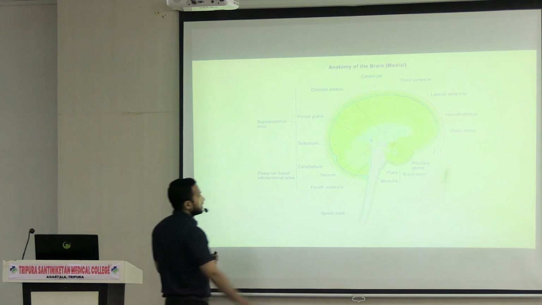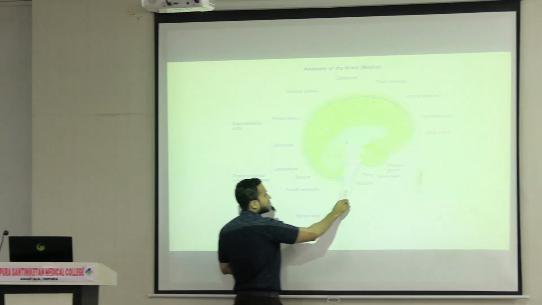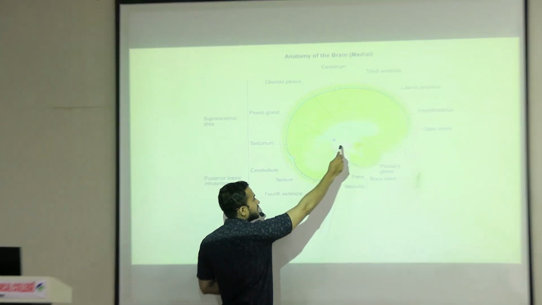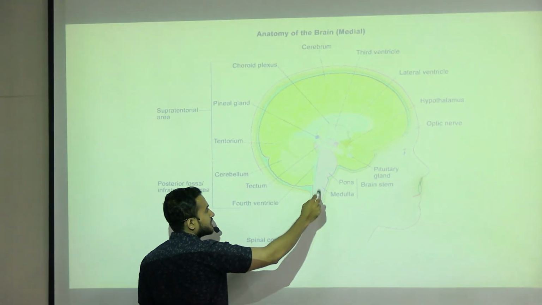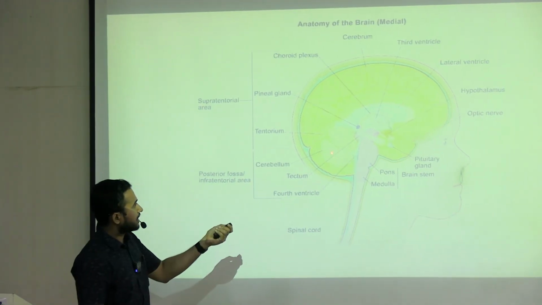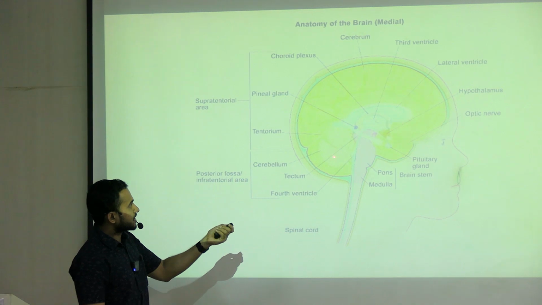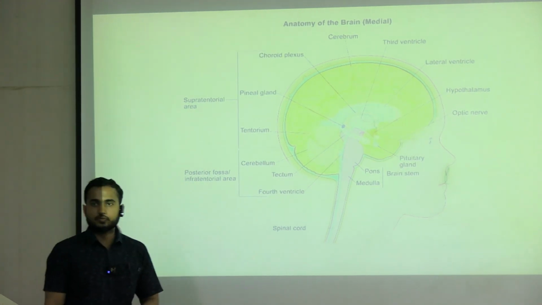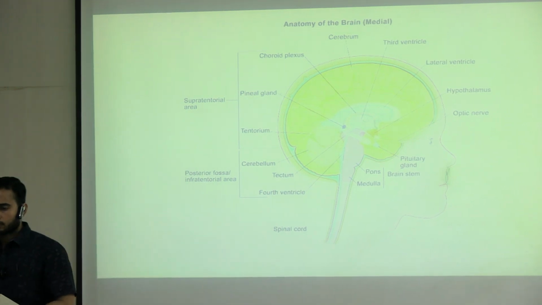Now here you can see the location of the brainstem and its parts. This is the midbrain, this is the pons, and this is the medulla. Just behind that you can see the cerebellum is present, separated from the brainstem by the cavity of the fourth ventricle.